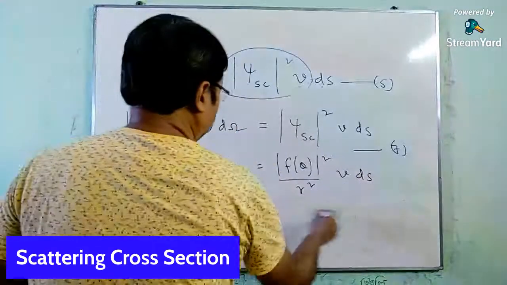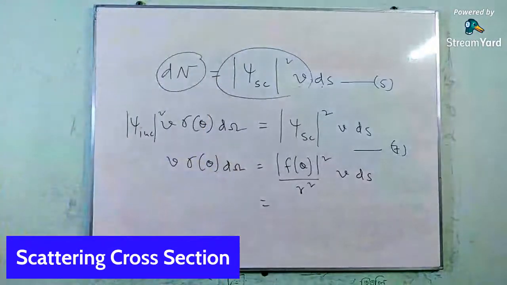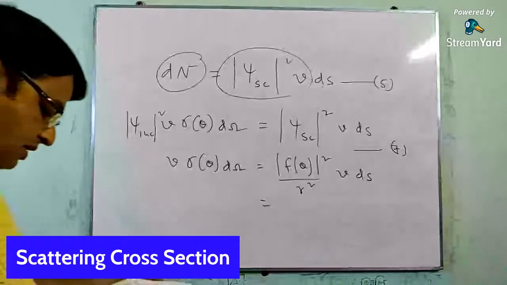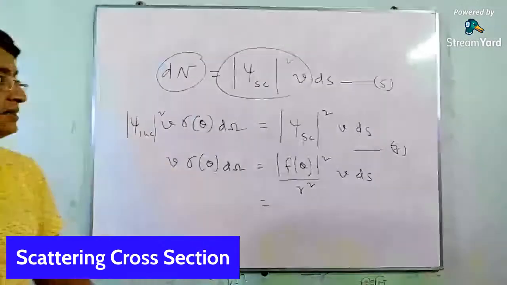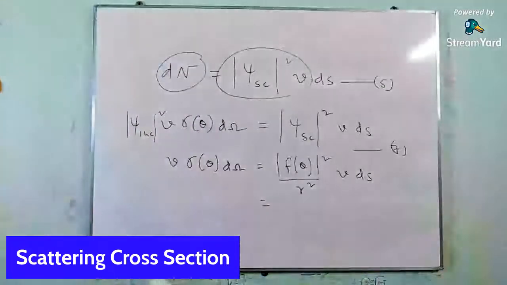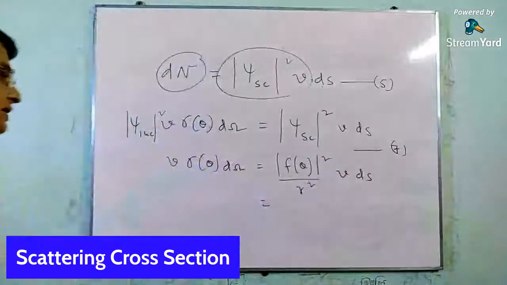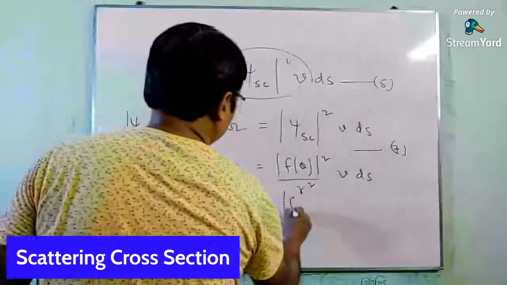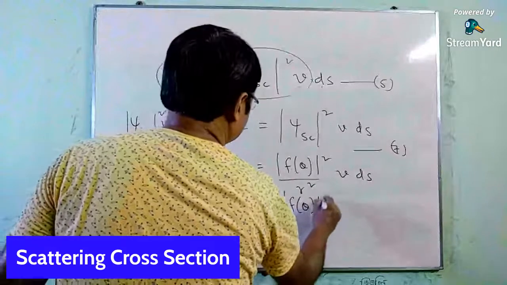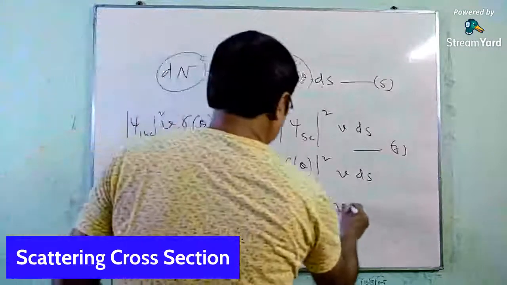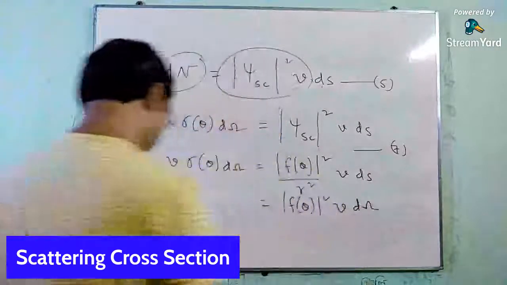From equation 5, where the solid angle d omega is written as dS by r^2, we can write dS by r^2 as d omega, and it becomes |f(theta)|^2 v d omega.